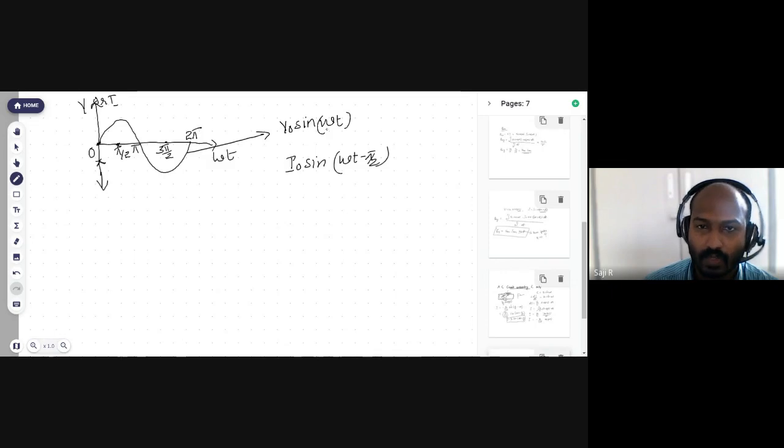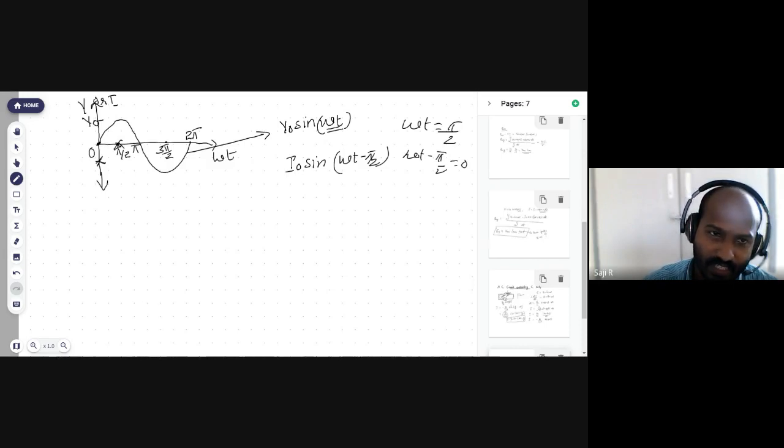When omega t is equal to pi by 2, the voltage becomes V0 sin pi by 2, which is maximum, that is V0. But at the same time, the current is I0 sin(pi by 2 minus pi by 2), because omega t minus pi by 2 becomes 0. So at that time the current becomes 0.